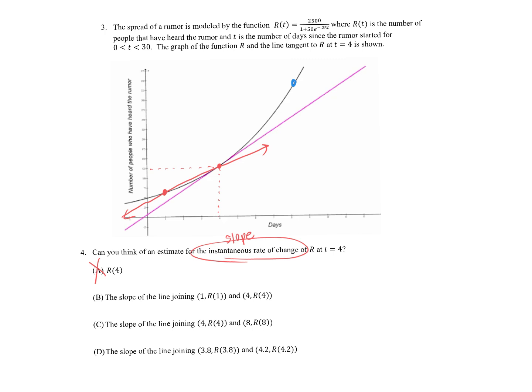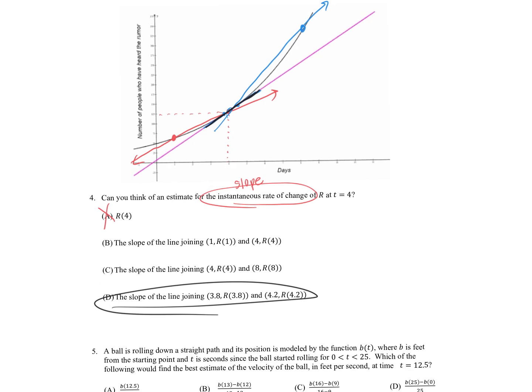Oh, I just erased my point. Or would the slope between 3.8 and 4.2 give me the best estimate? I should have put that in a different color, black. What do we think, A, B, C, or D? D. The closer we can get to that point, the more accurate it's going to be. I agree. And the smaller that little range could be.